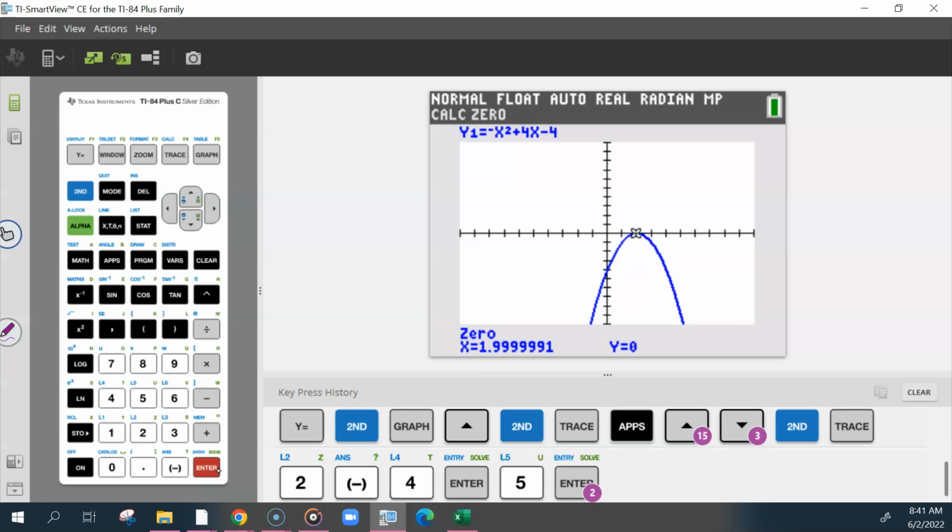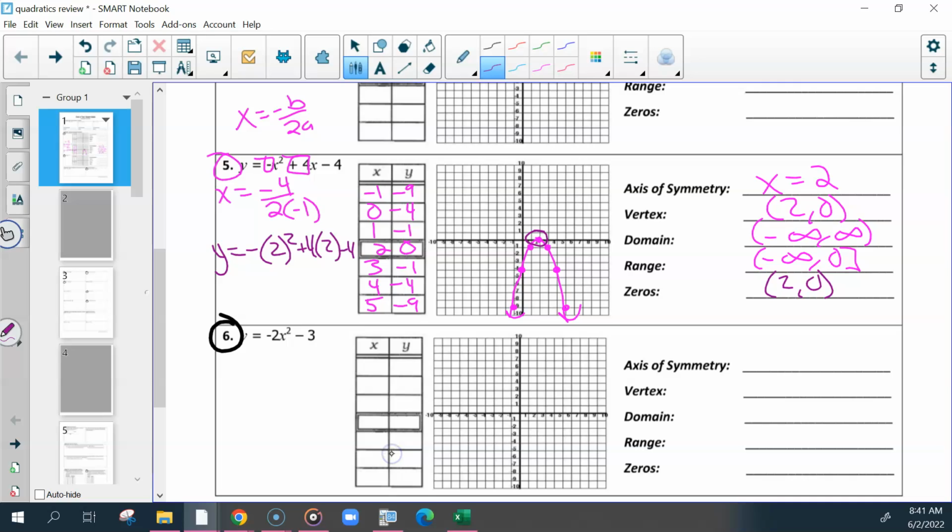I have a question about solving. So I do everything for x. Solution for what? The zero?